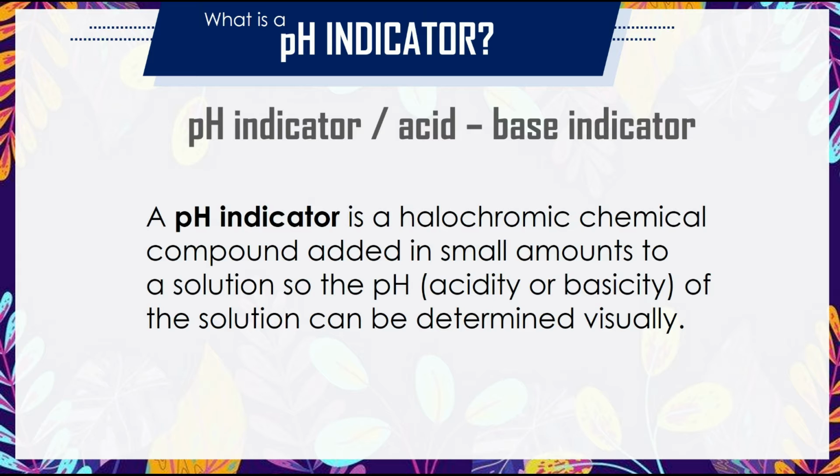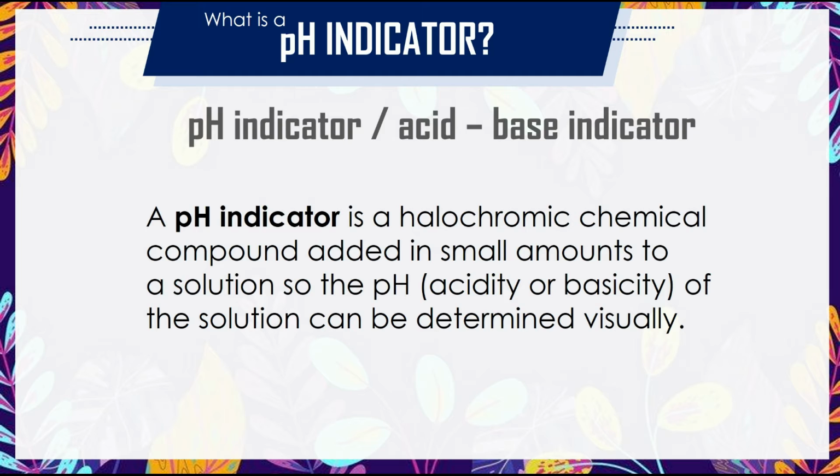What is a pH indicator? A pH indicator is a halochromic chemical compound added in small amounts to a solution, so the pH, acidity or basicity of a solution can be determined visually. Halochromic, meaning a material which changes its color when pH changes occur.